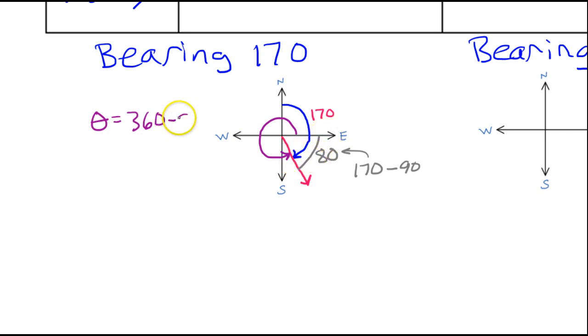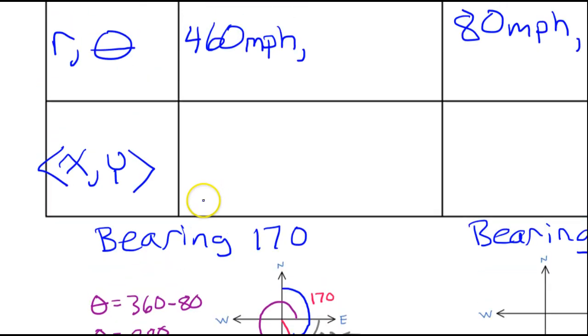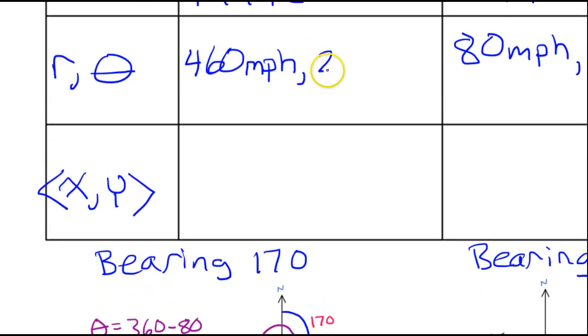So 360 minus 80 is going to give me theta. That's 280, and that's the angle that goes on the chart. So 280 degrees is the direction here.